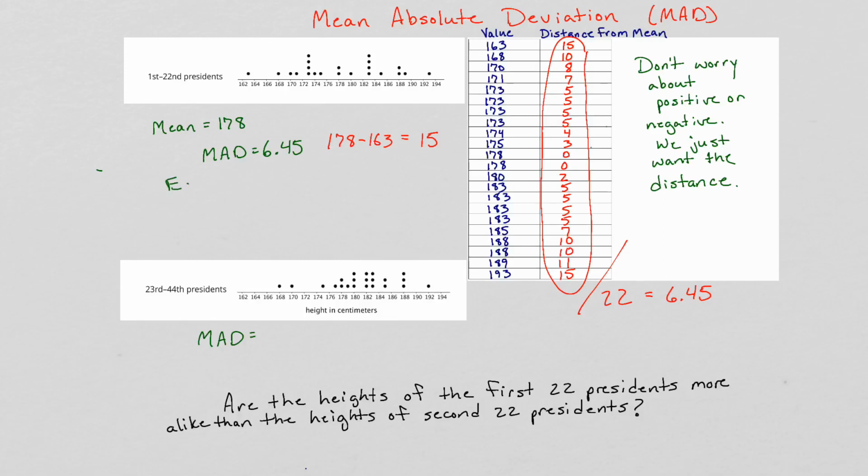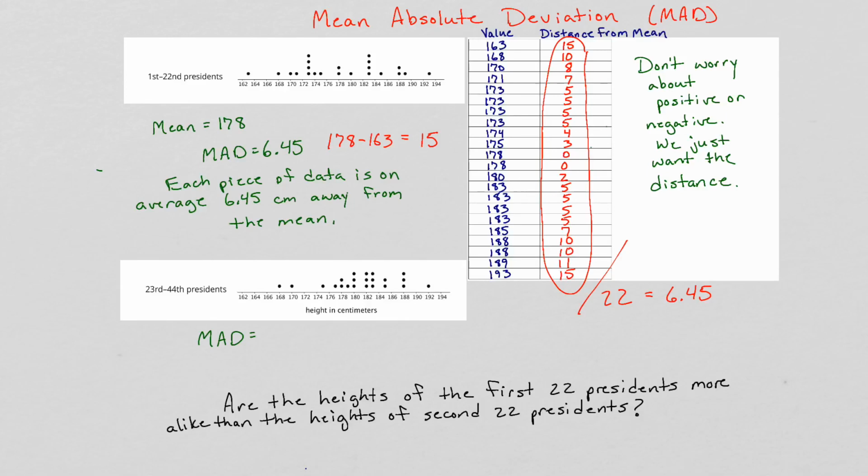Let me write that down. Each piece of data is on average 6.45 centimeters away from the mean.